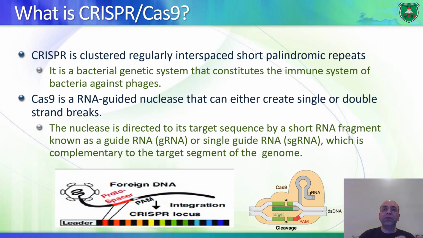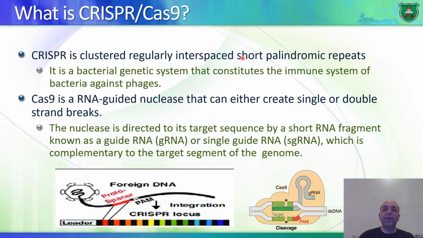That's one. Two, they are palindromic, meaning that you can read them from one strand, and on the other strand you read them exactly 5' to 3' the same way, just like restriction sites, which we talked about before in the first lecture and in the previous course as well.